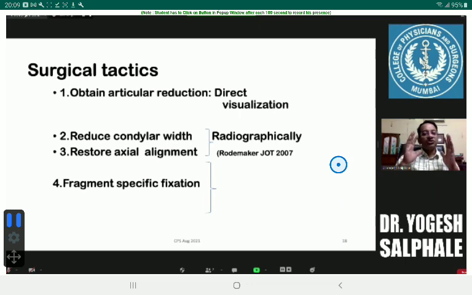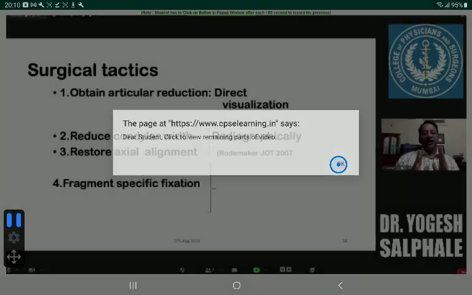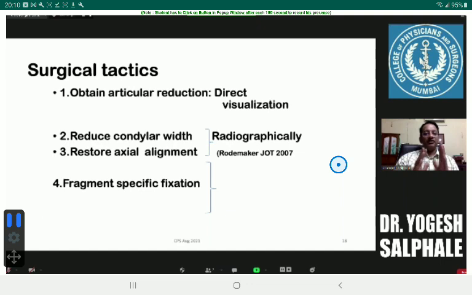You have to restore the axial alignment and you have to have a fragment-specific fixation. While I was preparing, the thing which commonly comes to mind is the mnemonic LAR: length, alignment, rotation, which also involves an element of articular reduction. And after you have achieved all this, you go for a fragment-specific fixation.